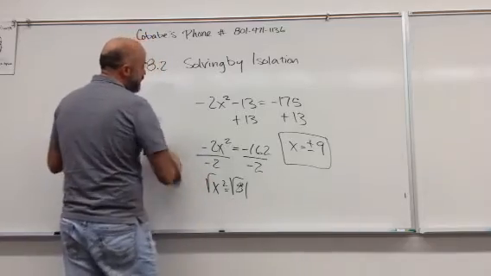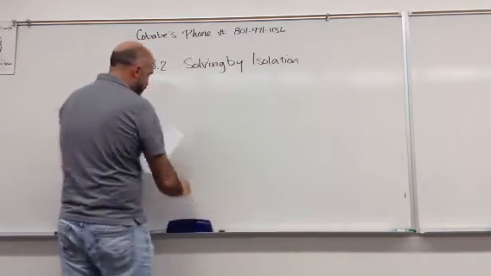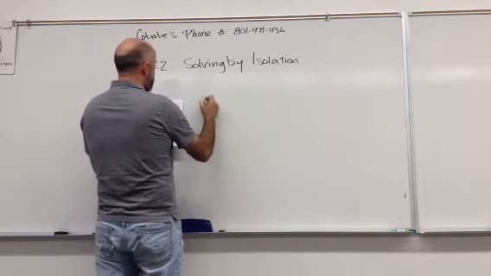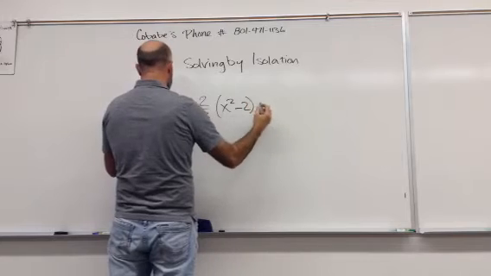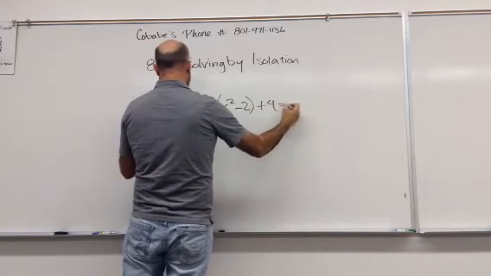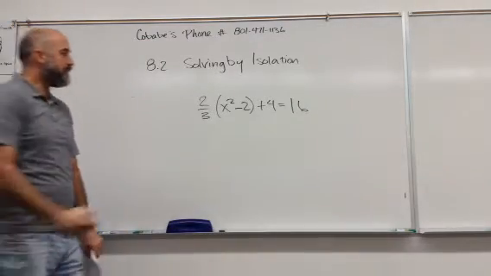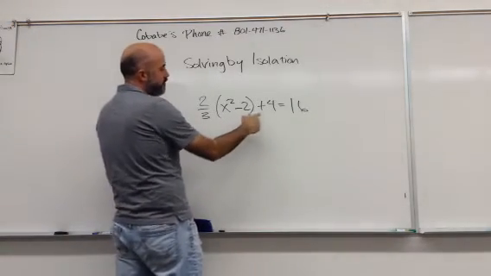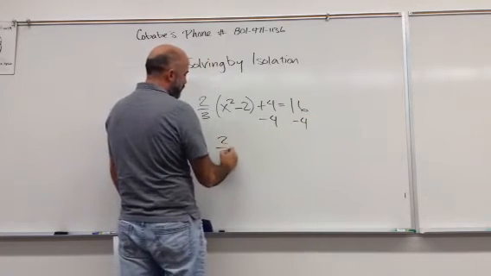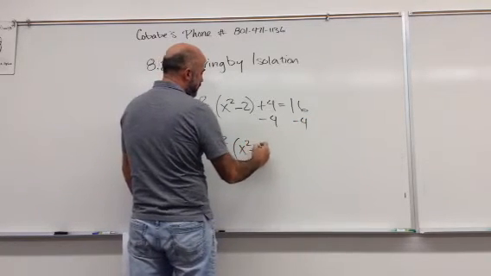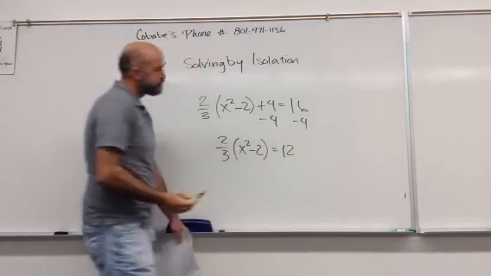Last one, and again, I'm going to ask you to pause this one and try it on your own. 2/3 x squared minus 2 plus 4 equals 16. Okay, SADMEP again, addition and subtraction first, so I'm going to minus 4 from both sides. 2/3 x squared minus 2 equals 12.